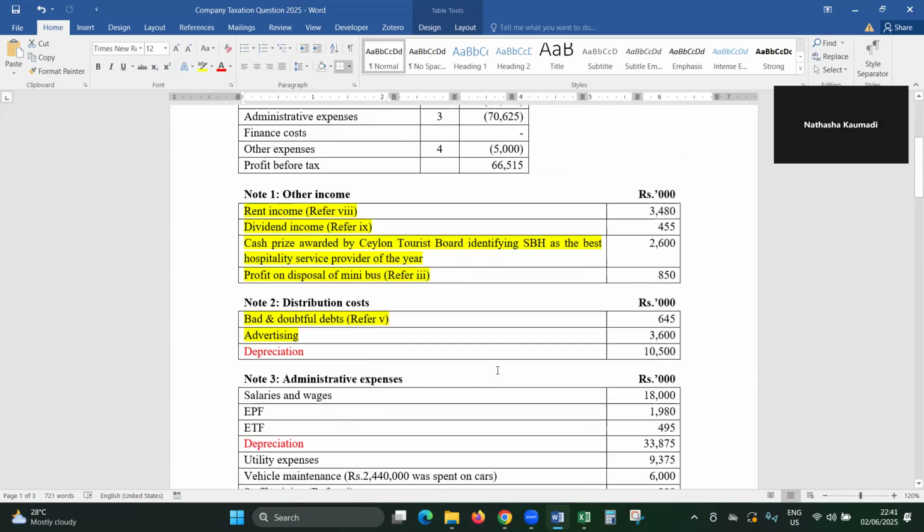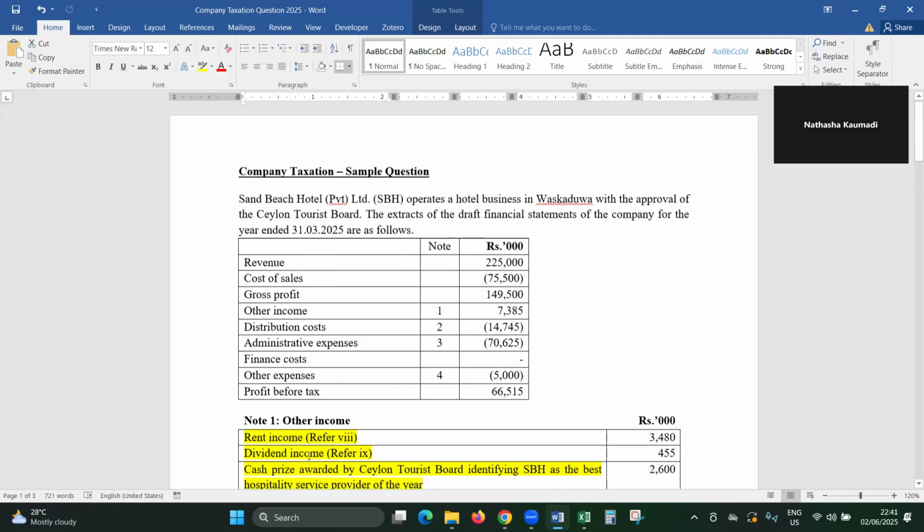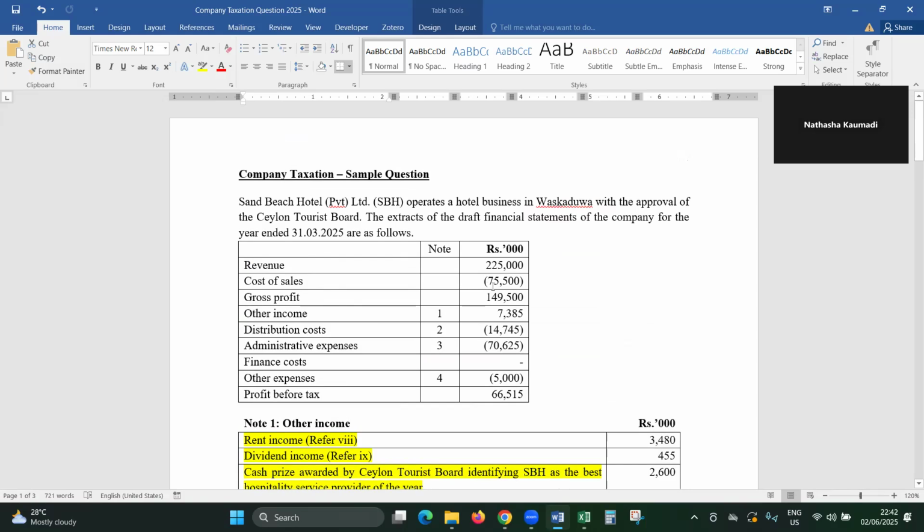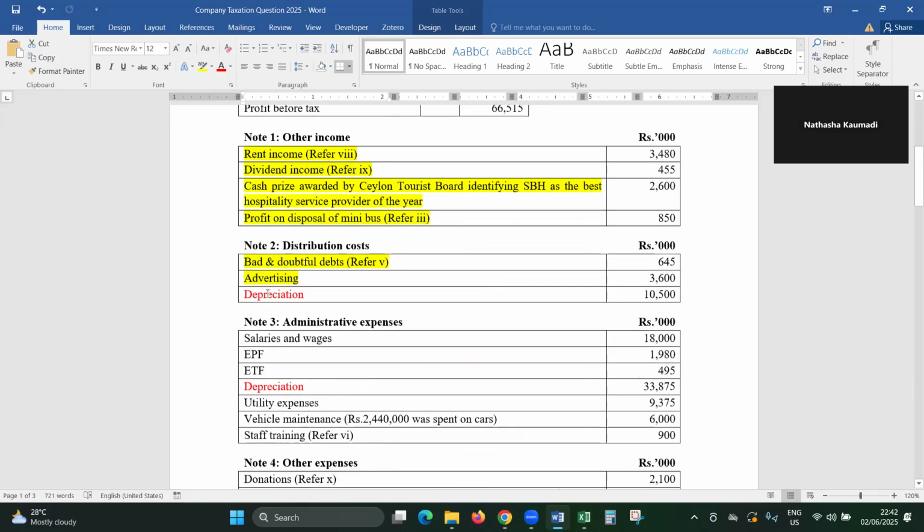But here, this is only the distribution and admin related depreciation. What about depreciation of machineries used in the factory? Right? Those are manufacturing overheads. So those might be in the cost of sales figure coming under manufacturing cost. So those are not captured in these two figures.